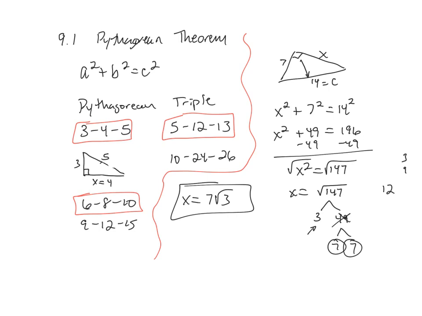Okay, so you'll have a couple sets of problems. Solve for x, tell whether it's a Pythagorean triple. Okay, it should be pretty simple. So you've done stuff like that before. Hopefully no mystery there. But we do have some other uses for the Pythagorean theorem.